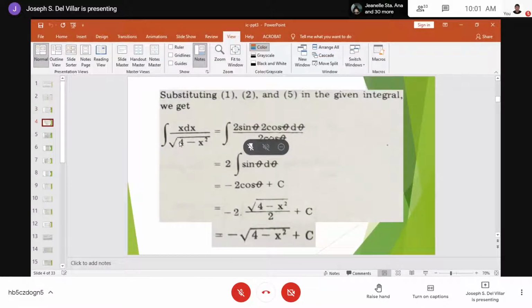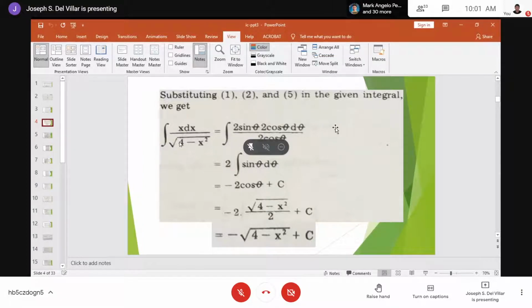So substituting, we have this one. So cancel common terms between the numerator and the denominator. Cancel 2, and cancel also cosine theta. So what is left is 2 sine theta d theta. So you can now integrate. 2 is a constant, you can place that in front.